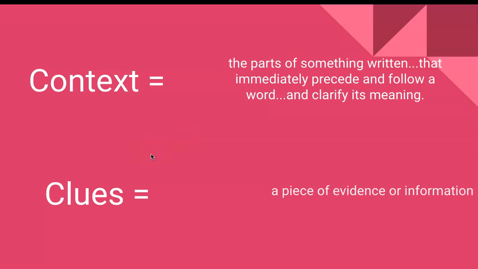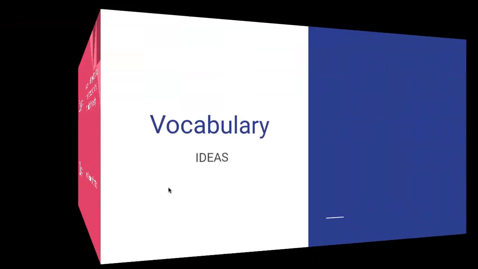When we look at clues, the definition is just having pieces of evidence or information. So if we combine these two, we're talking about using pieces of evidence or information that are either before the word or after the word that we are trying to define and figuring out what exactly the definition is. What does that word exactly mean? And so that's why we have context clues.